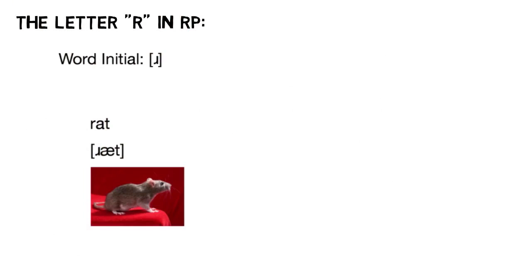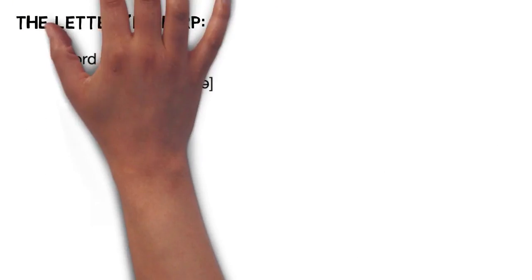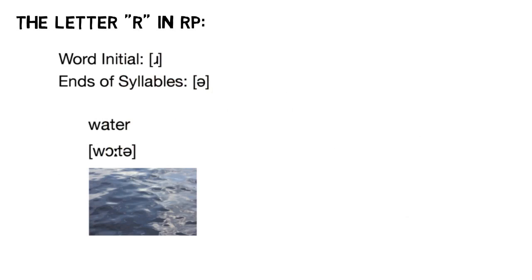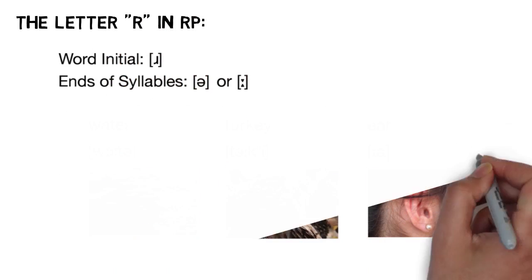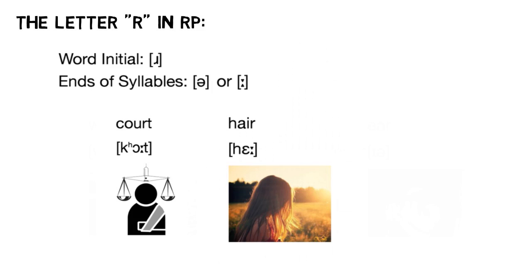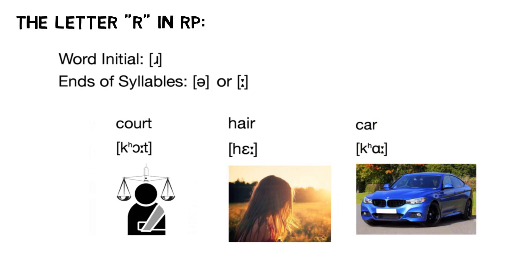After that, we covered the letter R. It sounded the same in the beginnings of words, rat, but vanished entirely at the ends of syllables, getting replaced with either a schwa, as in water, turkey, and ear, or it made another vowel extra long: or as in court, air as in hair, and ar as in car.